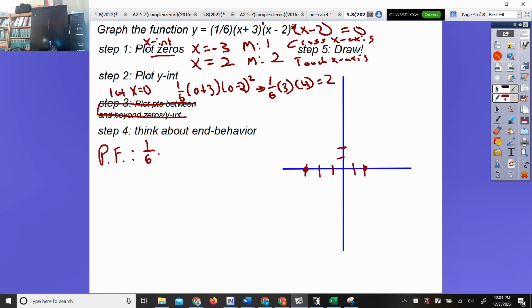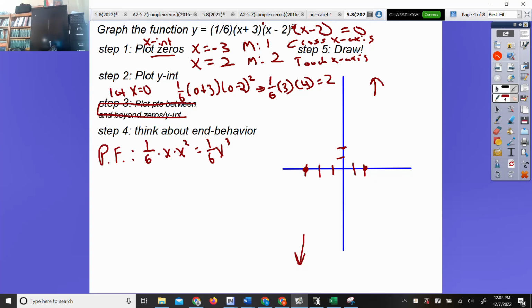X. What power of x is given to you by the factor (x minus 2) squared? X squared. So here's our power function: 1/6 x cubed. How does 1/6 of x cubed start its day? Low. How does it end its day? High.